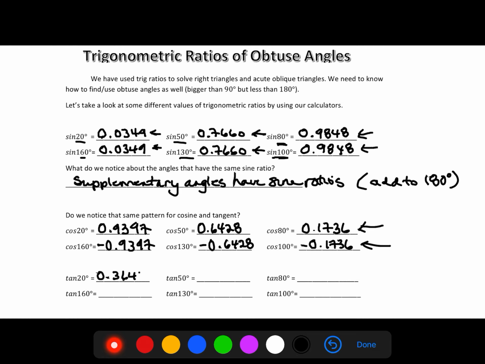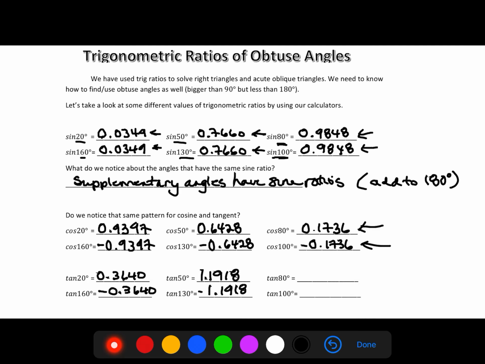And we see that the same case for tangent, that if we plug into our calculators tan 20, we get 0.3640. For tan 160, we get negative 0.3640. Tan 50 is 1.1918.